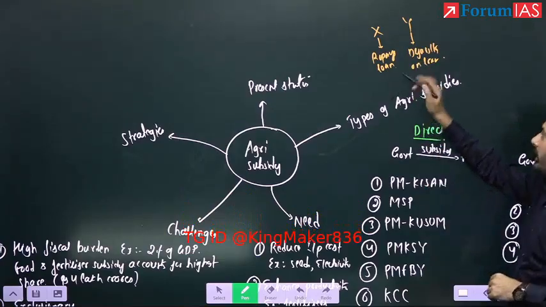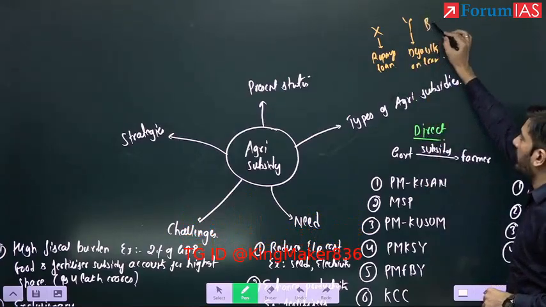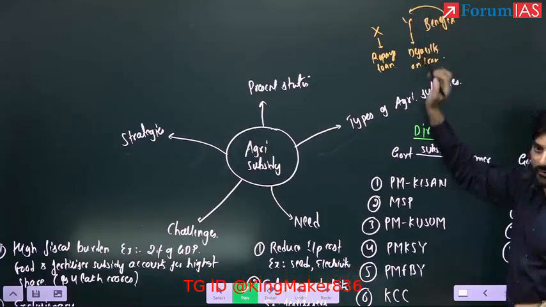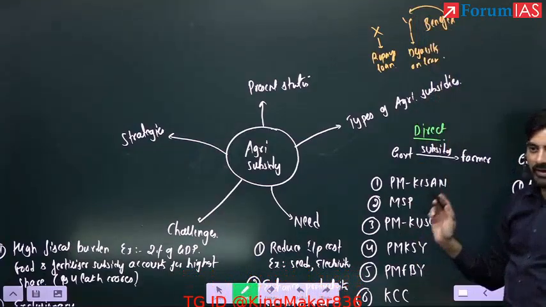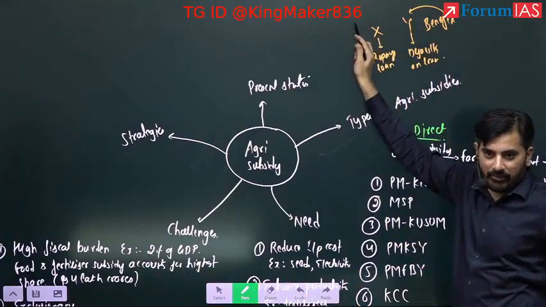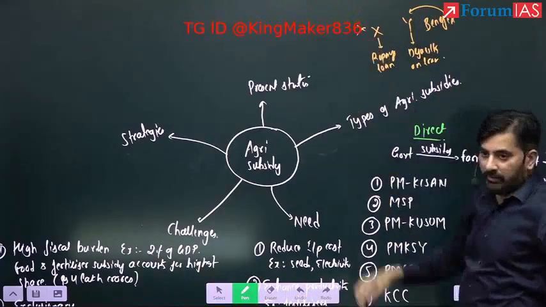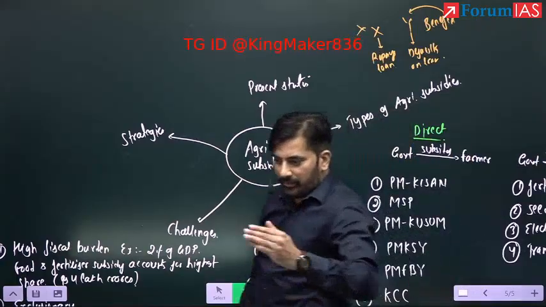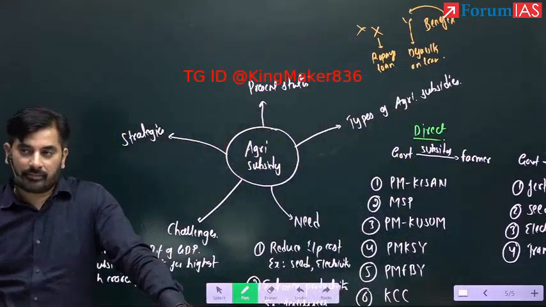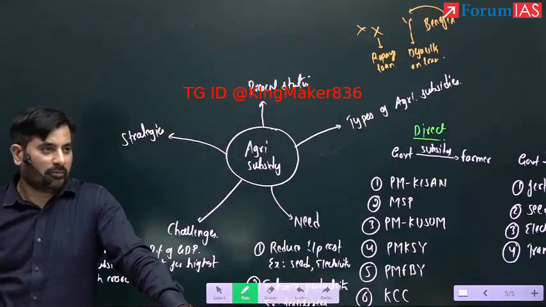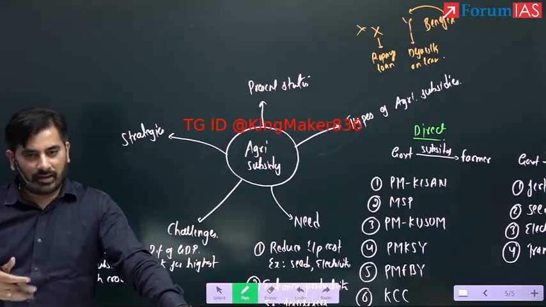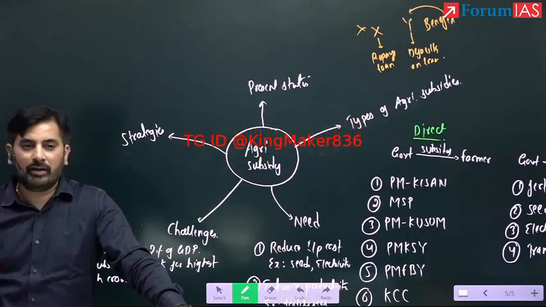Between X and Y, when the government announces farm loan waiver, who is actually getting benefit of this farm loan? Y is getting. X, who has repaid loan on time, is he getting any kind of benefit? Obviously, he will not get that benefit. Imagine if I am this X farmer, मैं क्या सोचूंगा नेक्स्ट टाइम? क्यों पे करना है लोन? इससे अच्छा डिफॉल्ट करना है ताकि गवर्नमेंट will repay the loans on my behalf.